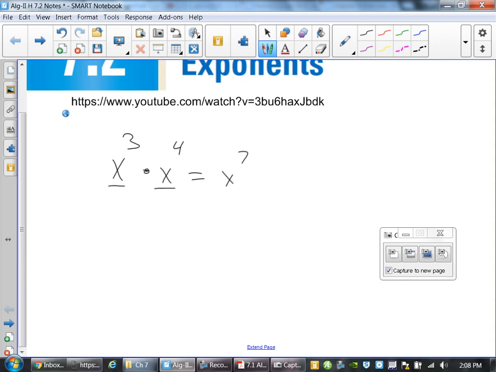After that, we also did this. If you had x squared to the fifth power, what would you do? Yeah, power to power, you multiply.